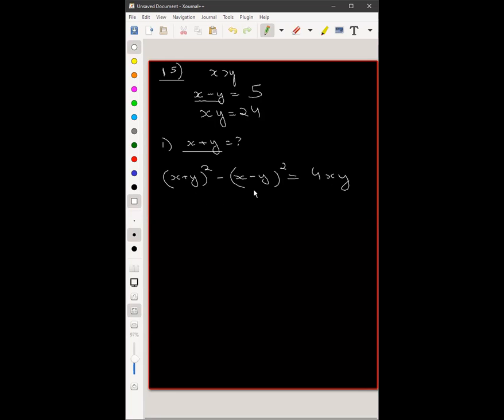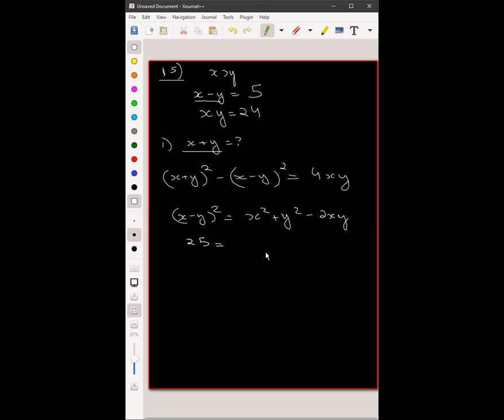Can you do this now? Yes. Sir, I've done it with a different method. Tell me. Okay, I've done almost the same thing, but x minus y the whole square is equal to x square plus y square minus 2xy. Then 25 is equal to x square plus y square minus 48.